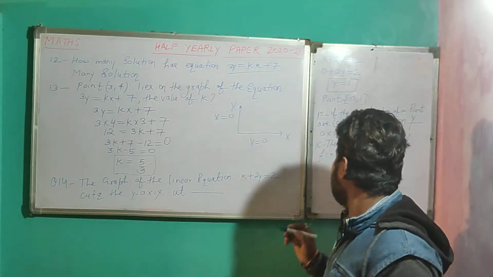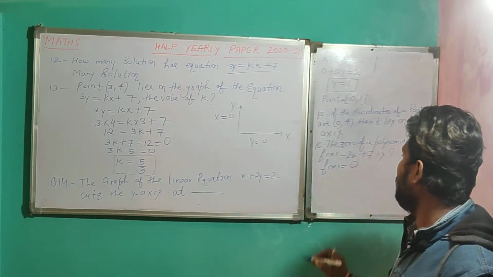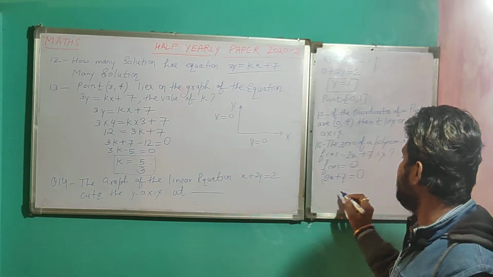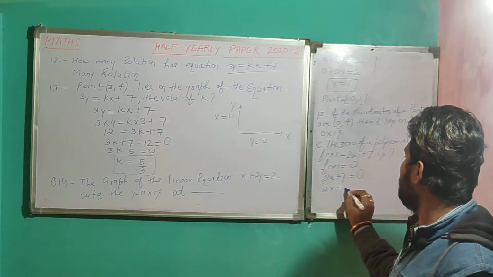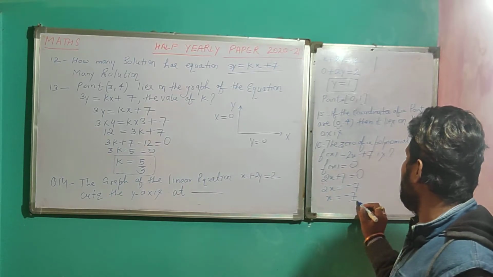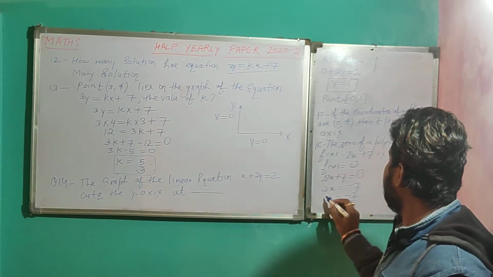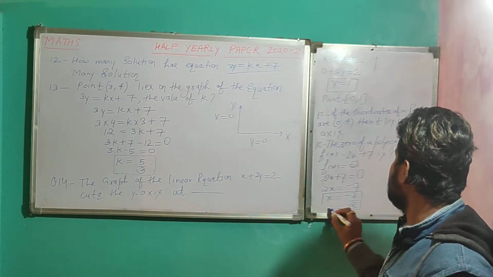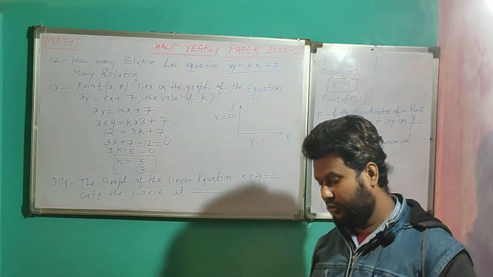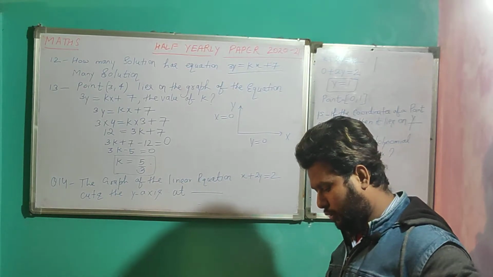Therefore, f(x) = 0, so 2x + 7 = 0. Therefore, 2x = -7. Therefore, x = -7/2. So, we will get the zero of the polynomial at x = -7/2.